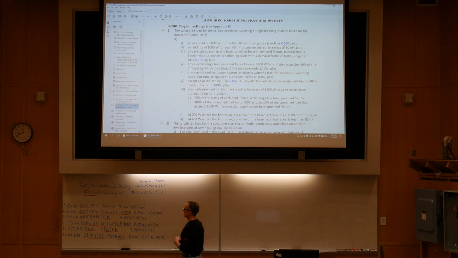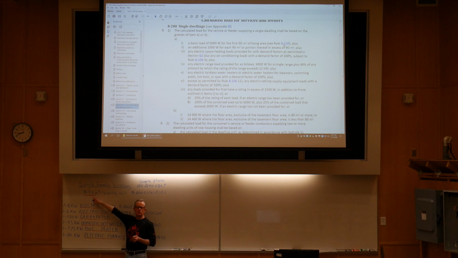So in this example, we have 473 meters squared of area.